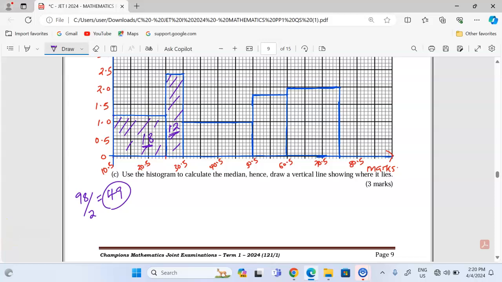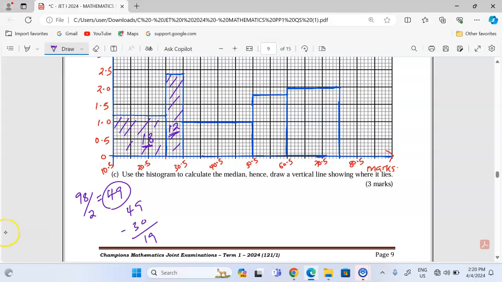Yet we don't want 50. Because we want 49.5, we should know that there is a fixed height. We want the 49th student and we already have 30, so we need 19 more students.